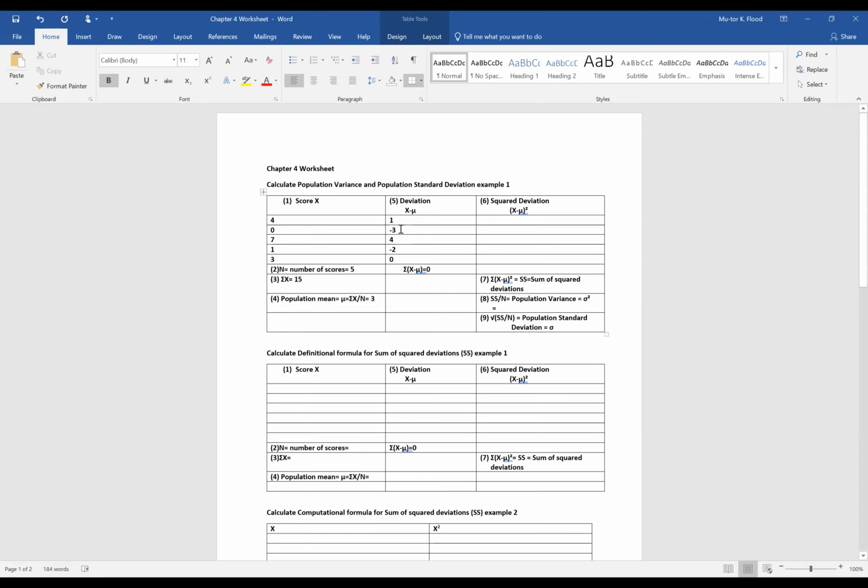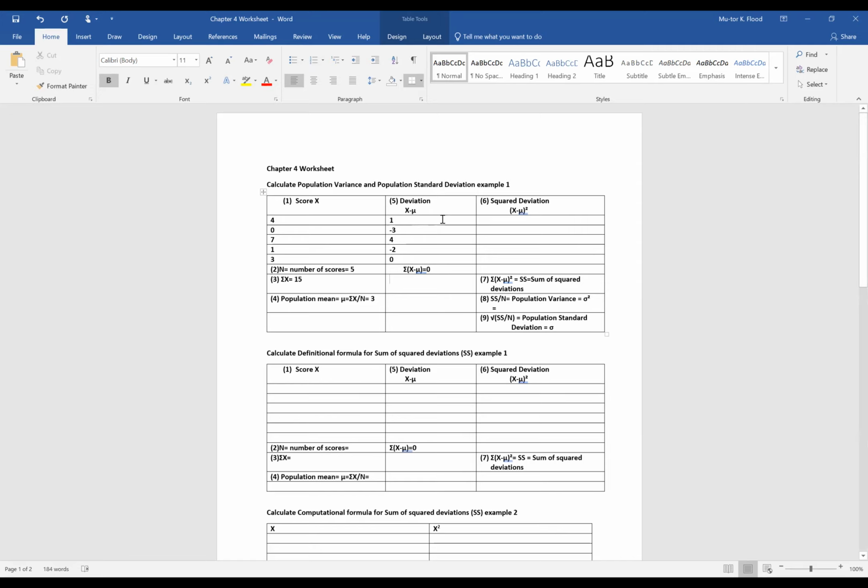So we have -3 and -2 gives us -5, and 1 plus 4 plus 0 gives us 5. So 5 plus -5 gives us 0. So we know that we did our calculations correctly.